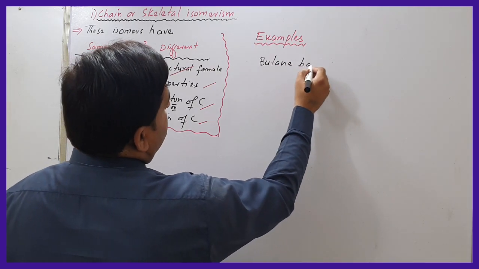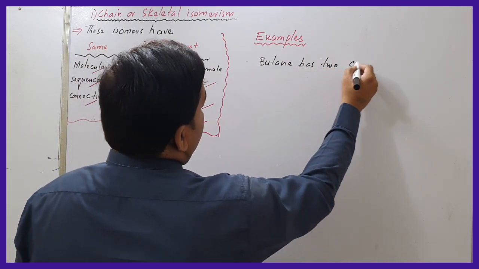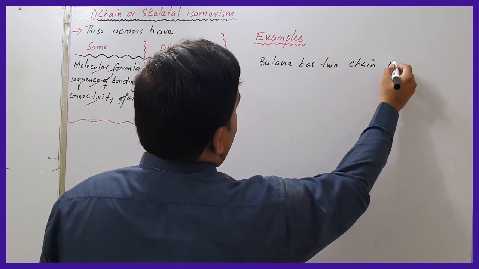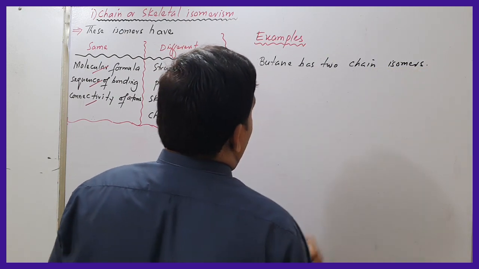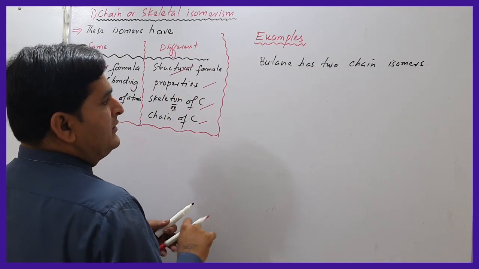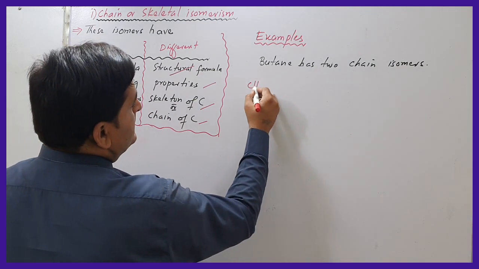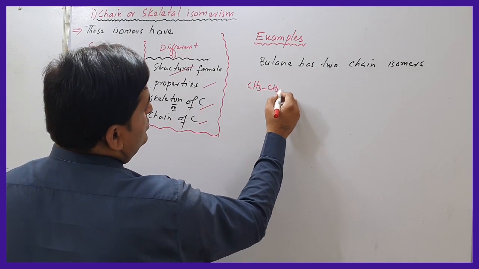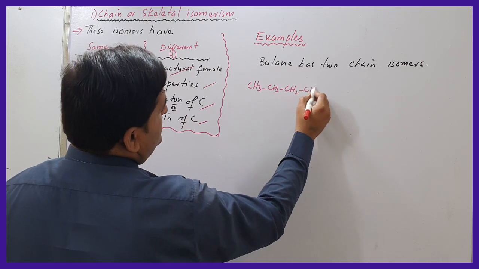Butane has 2 chain isomers. What are those? One is n-butane, CH3, CH2, CH2, CH3.